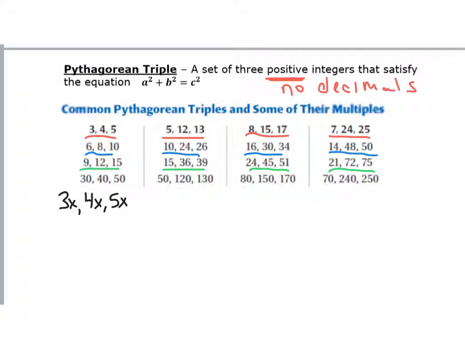You can multiply 3, 4, and 5 by any other integer, and it'll make a Pythagorean triple. Or you can multiply 5, 12, and 13 by any other number, and it'll make a Pythagorean triple. Same thing here and same thing here to get new Pythagorean triples. So if you're ever just looking for one, you can find them that way.